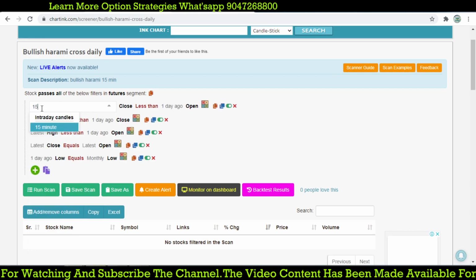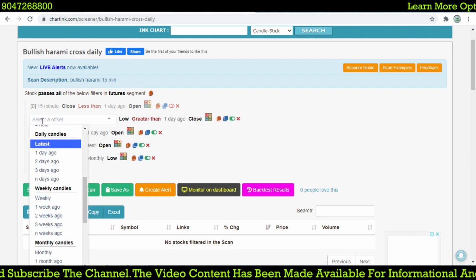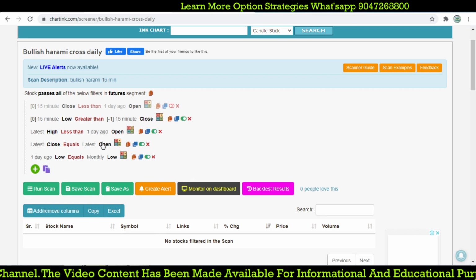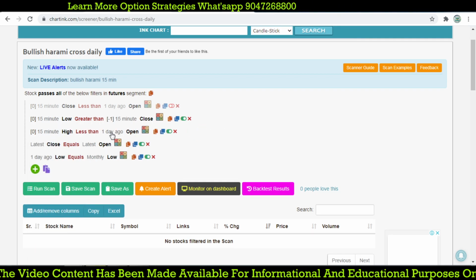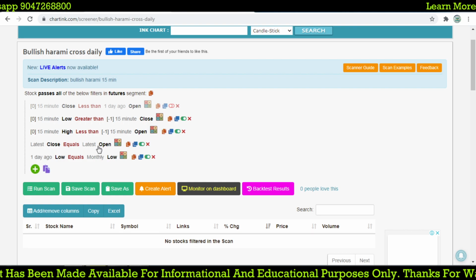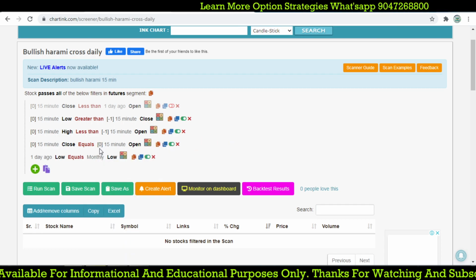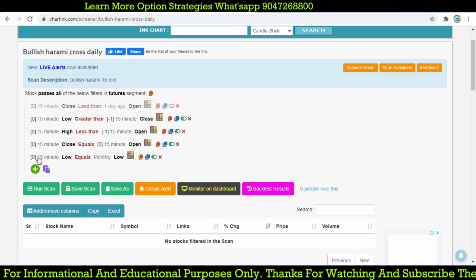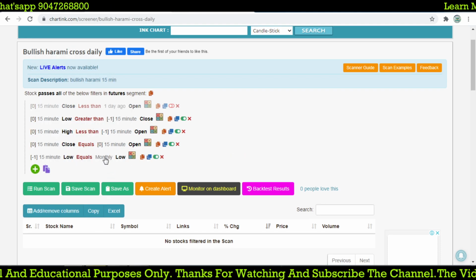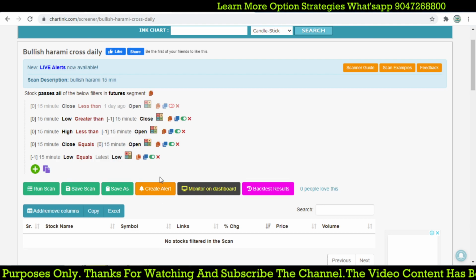Let's do it again. So 15 minutes low equal to 15 minutes minus 1, the latest close equal to latest open, that is 15 minutes close equal to 15 minutes open, and the 15 minutes minus 1 candle's low, daily low, equal to latest low.